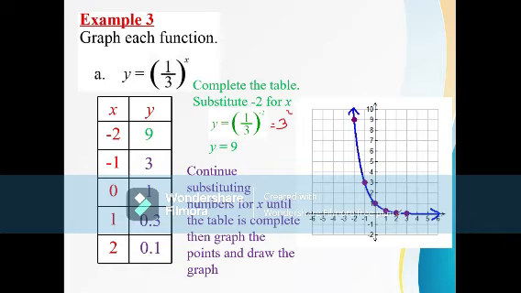Then 2, 0.1. Okay. There's actually no more 3 here, but in case we have 3, the value would still be greater than 0.